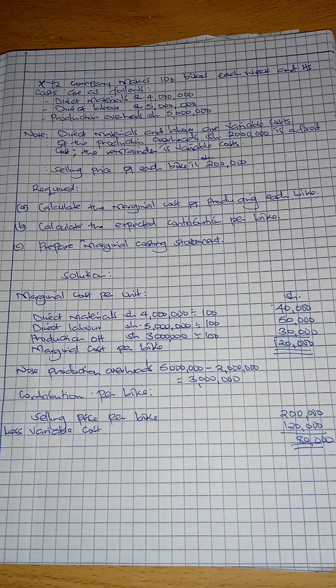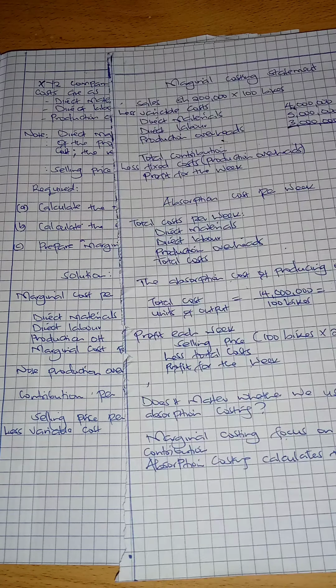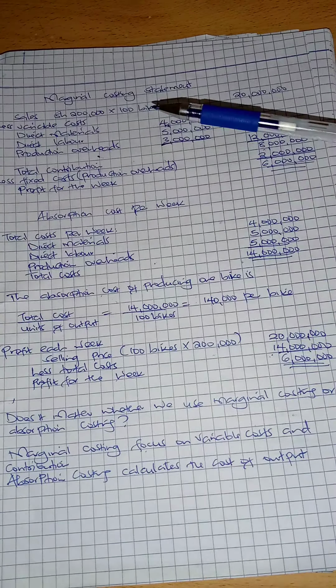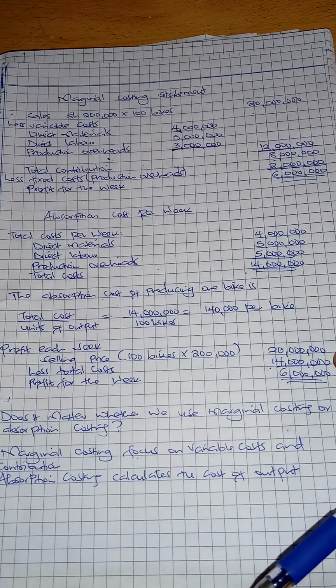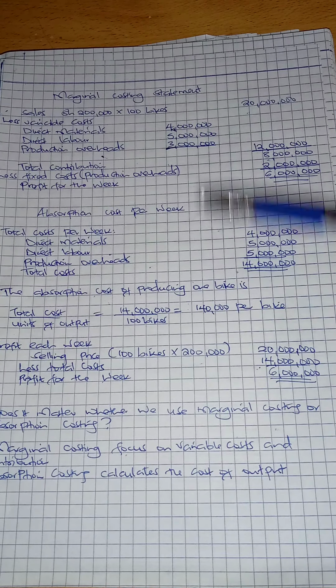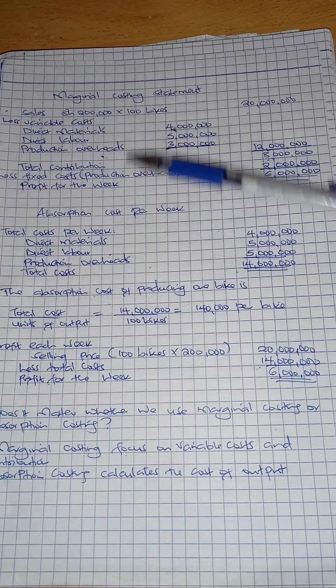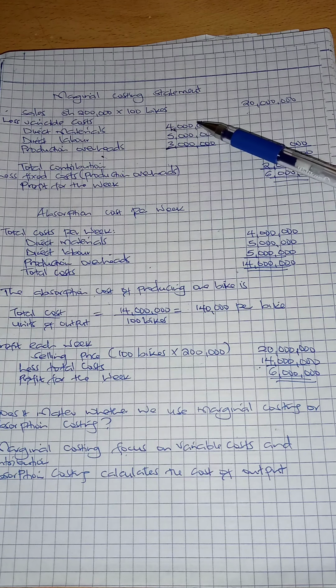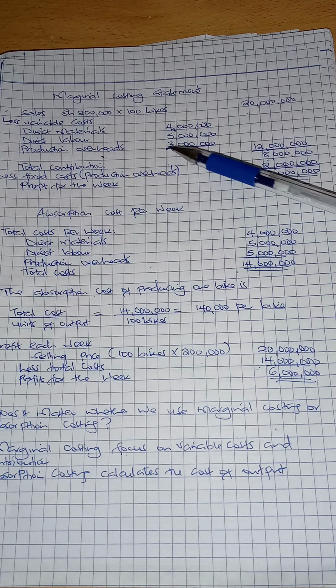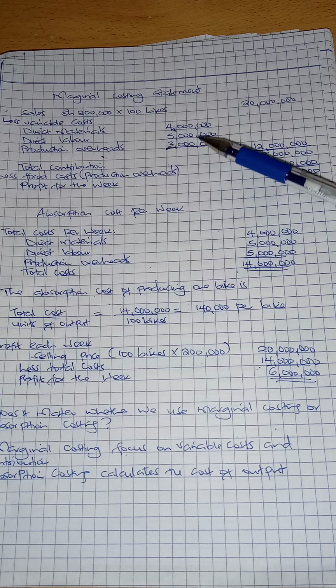Remember, before we go to the solution, the selling price of each bike is 200,000. So you'll have sales, which is 200,000 times 100 bikes, you get 20 million. Then the variable costs: direct materials 4 million, direct labor 5 million, and when you remember the note of the production overheads, 2 million were fixed costs.